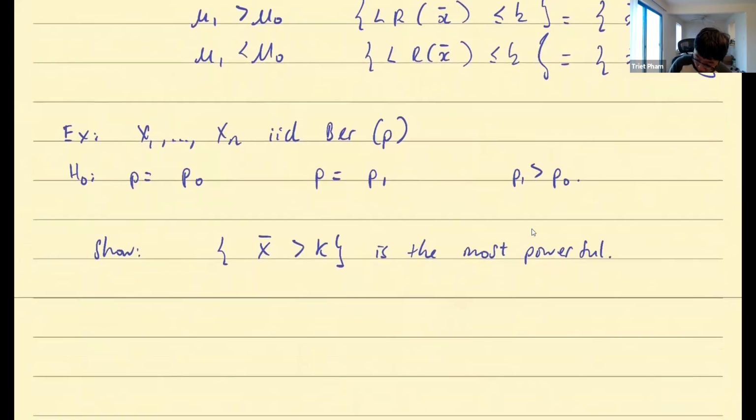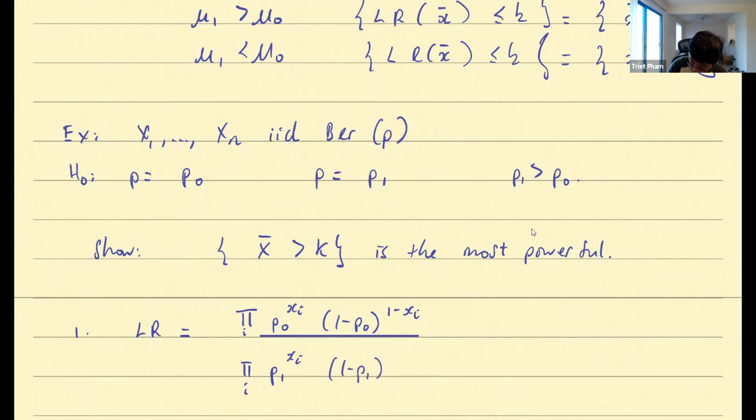So how do I do it? Step one, likelihood ratio. These are Bernoullis, so let me take it slow and show you. The likelihood function is always a product over each individual. So each individual will be this. Are you okay with this?